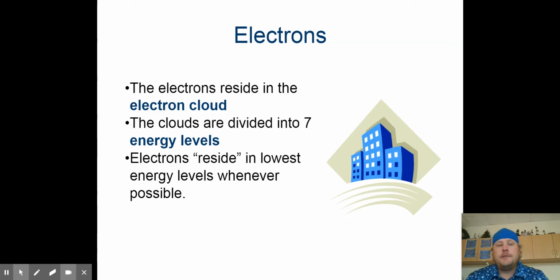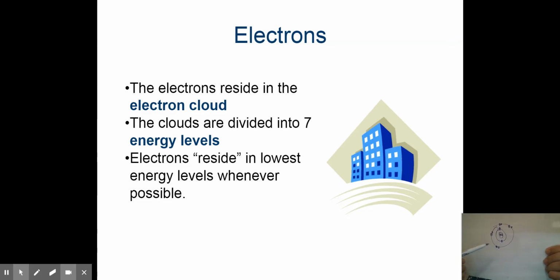So let's talk about electrons. Electrons reside in the electron cloud, and that is the part that is surrounding the nucleus. So when we go back and we have our atom with our proton and our neutron, which are our nucleus, it is the things that are surrounding the outside of our atom, okay?